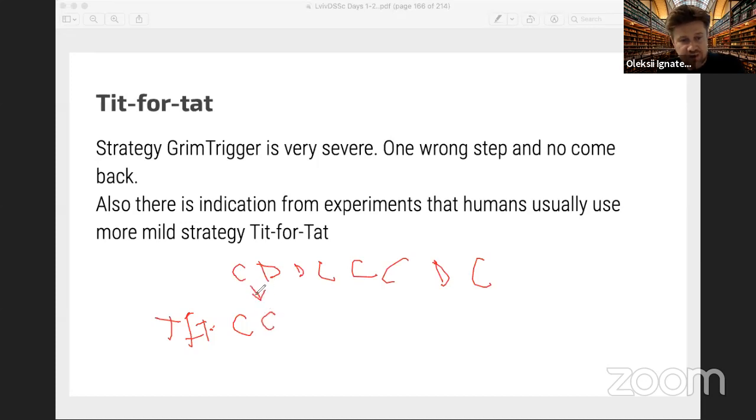So it's cooperate here, defect here, defect here, cooperate here, and so on. If you defect against me, I will have my revenge for 1 round, and if you return to cooperation, I also return to cooperation.